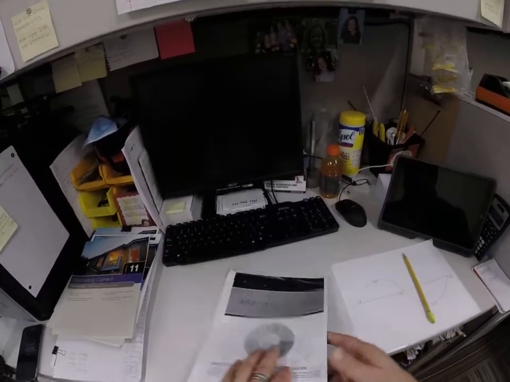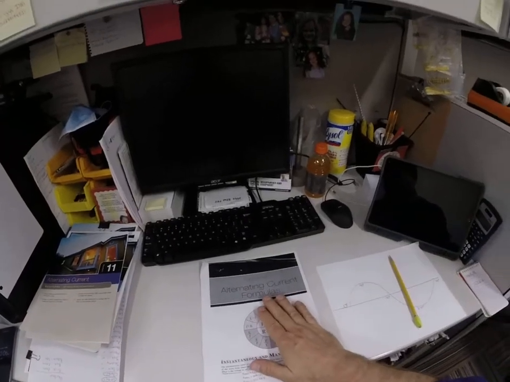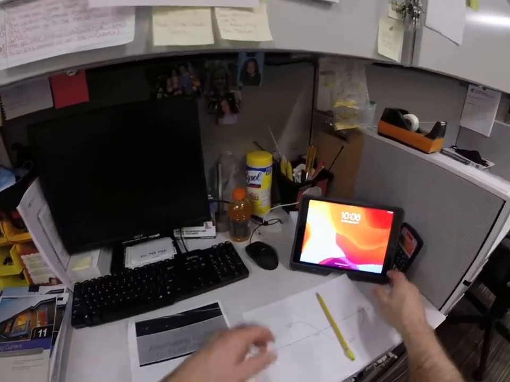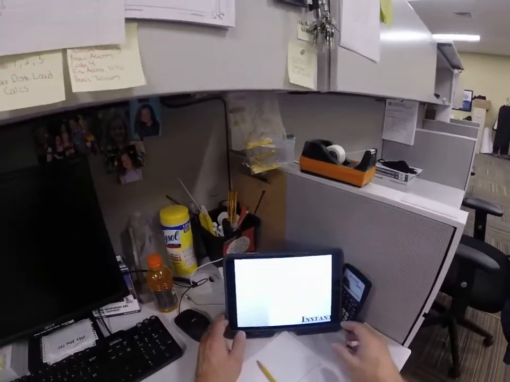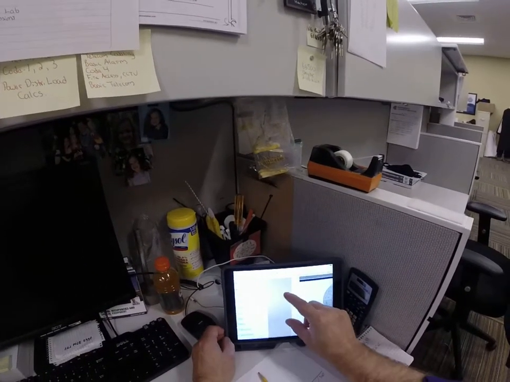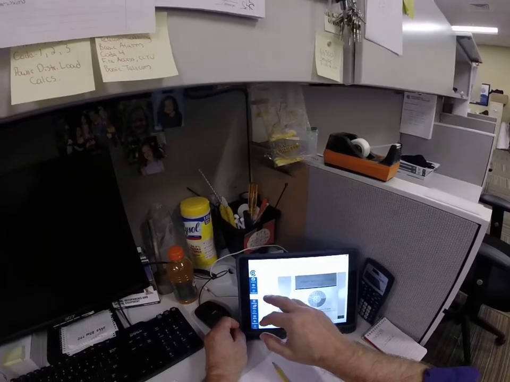So I want to summarize this again by saying you need this sheet. If you don't have the sheet, then let me show you what you could look into. Let's get me back.